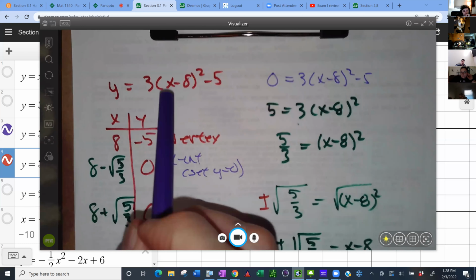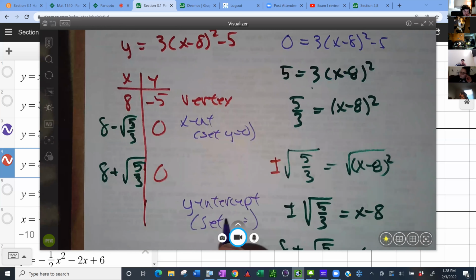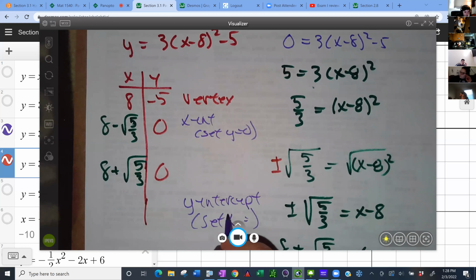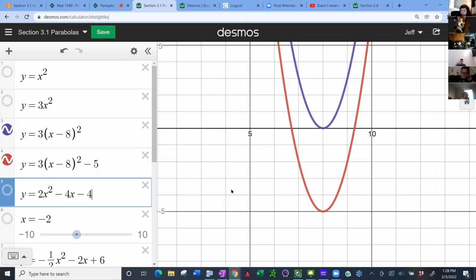How would I find the y-intercept? If you set x equal to 0, you're going to get the y-intercept. Do I have to complete the square? You don't have to complete the square.